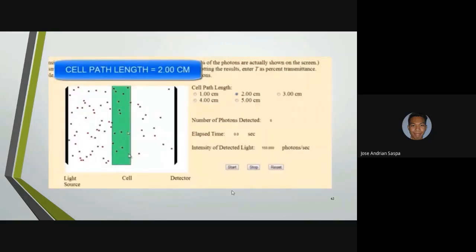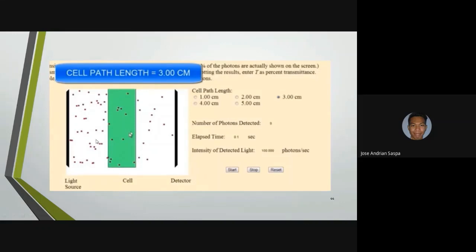So in this example, our cell path length is equal to 2.0 centimeters. As you see, in this part, we have multiple particles. But as it passes through this sample, only a few are able to transfer to this area.